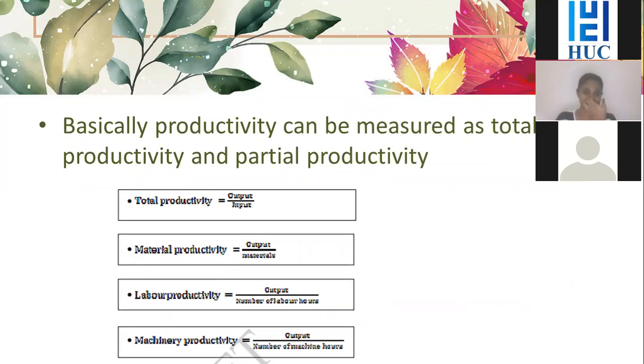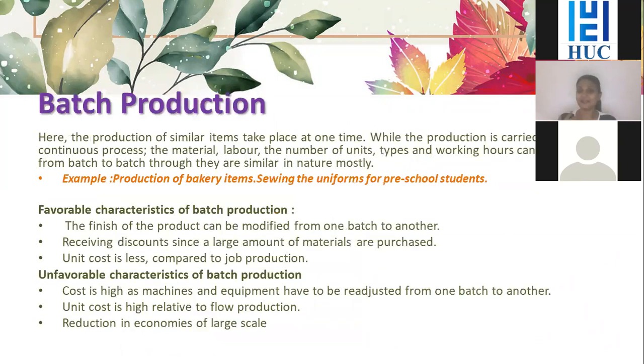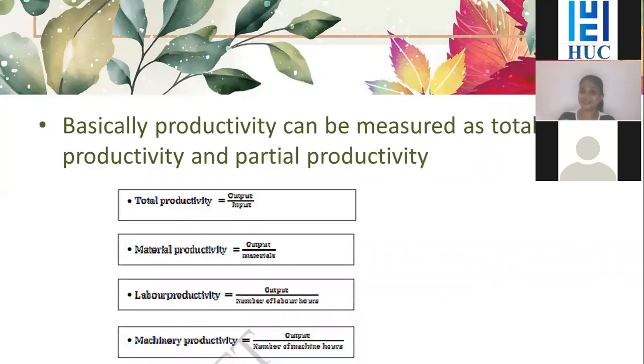For example, we take a motor vehicles company. The number of motor vehicles you manufactured within this year, we think output is 200, right? Then you need to put the input. How many inputs do you include there, okay?